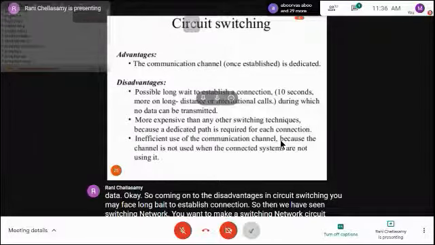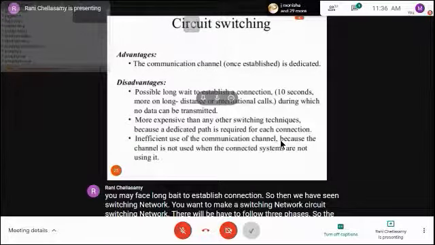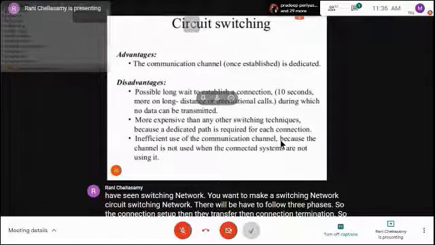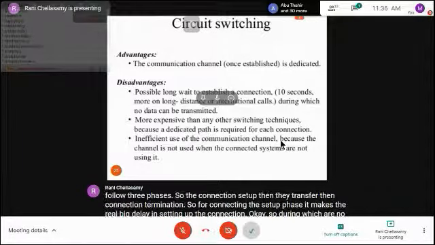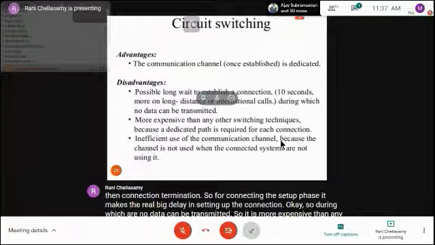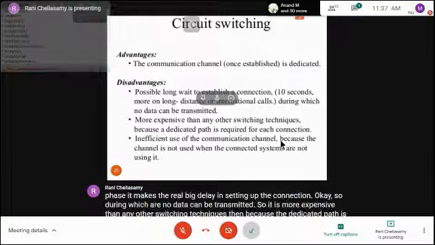During the setup phase there will be a delay in setting up the connection, during which no data can be transmitted. It is also more expensive than other switching techniques, because a dedicated path is required for every connection. The next disadvantage is inefficient use of the communication channel.